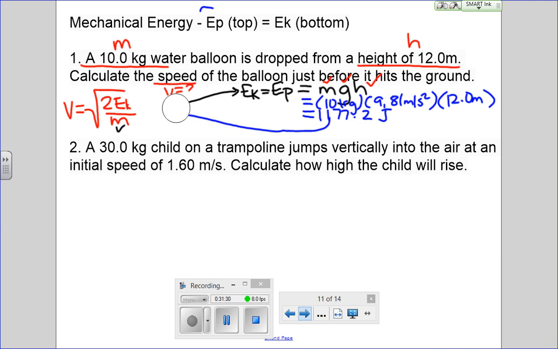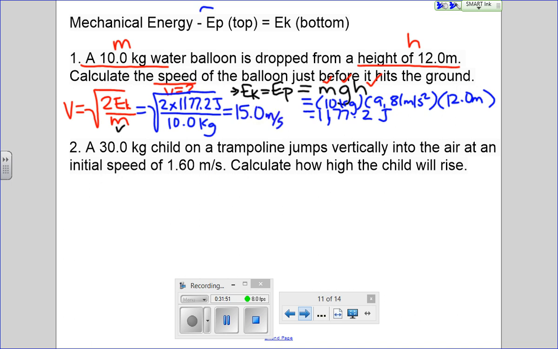So my calculation for speed will look like this. Speed is the square root of 2 times 1,177.2 joules divided by 10 kilograms. The answer that I'll get is 15 meters per second.